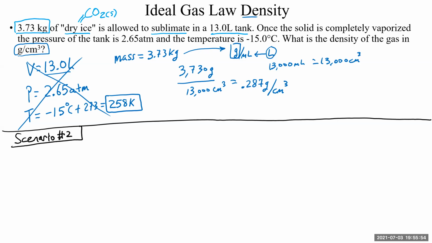Same carbon dioxide, same dry ice, but this time we have an unknown quantity of dry ice. Let's say the person forgot to weigh the dry ice. Unknown amount of dry ice left in the 60-liter tank.